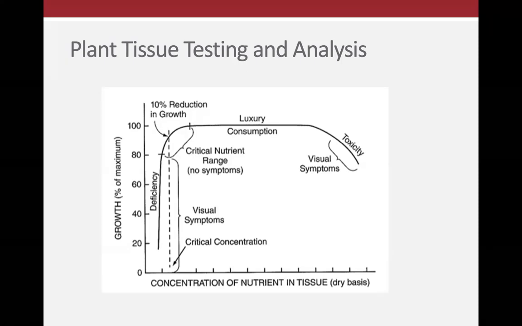When we fall below a critical nutrient range or critical level, that plant is going to be driven into nutrient deficiency. Above that level, we're good. Depending on the nutrient, the plant is able to luxury consume, that is, store nutrients in excess of what they actually need. And then at some point we move far enough in concentration where toxicity becomes an issue. Okay, too much of a good thing.